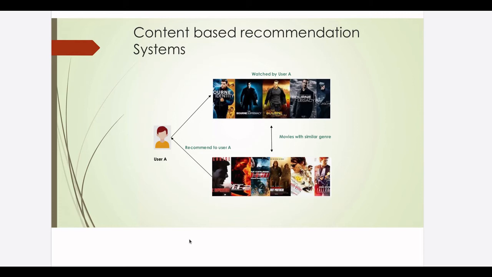If you look at its attributes, it's all about covert operations, CIA, thriller kind of movies. So it assumes that user A likes similar movies, and one obvious choice to recommend is the Mission Impossible series or the Indiana Jones series, or any series which falls into a similar genre. This is the principle behind content based recommendation systems.